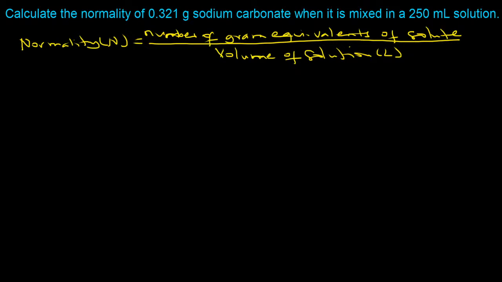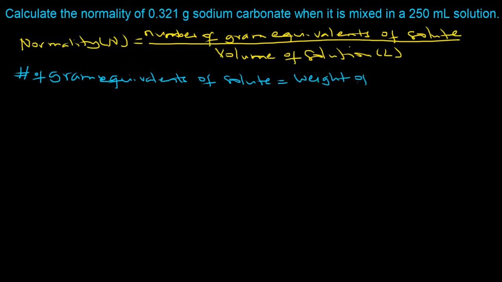So the way we do that is, number of gram equivalents of the solute is actually equal to the weight of solute in grams divided by the gram equivalent weight of the solute.